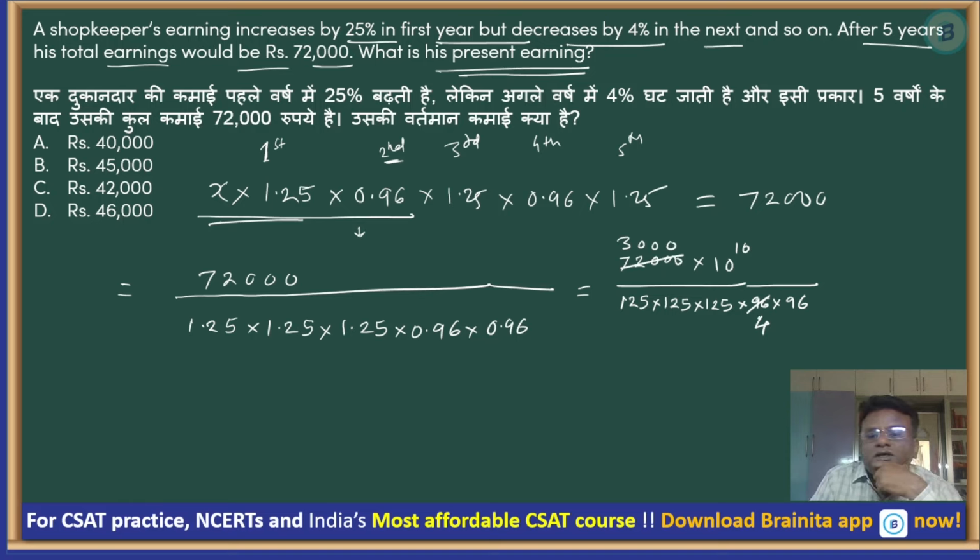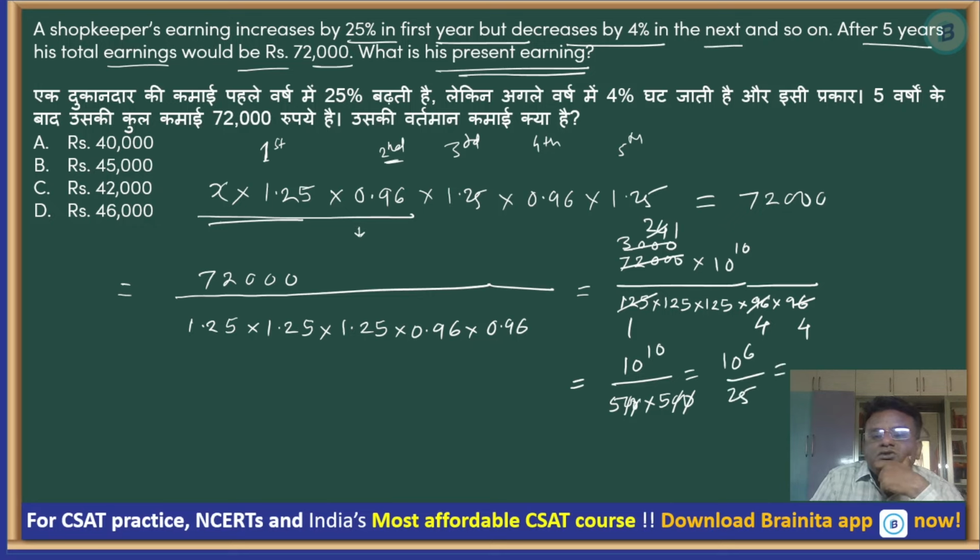Now I can see that 125 times 8 is 1000. So this is 24 times 125 times 4. Right? So now I have 10 raised to 10 divided by 500 into 24. I remove these 4 zeros, make it 10 raised to 6 divided by 25.